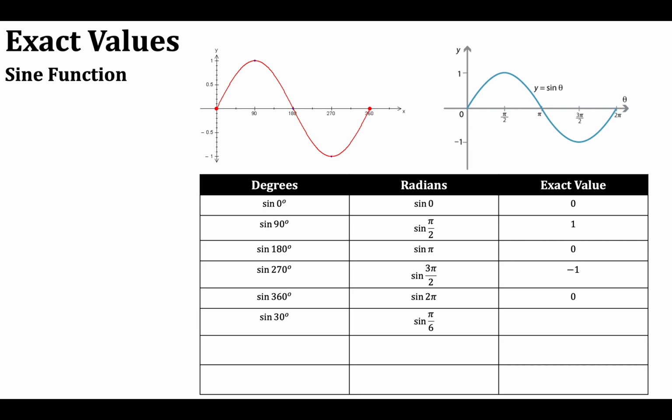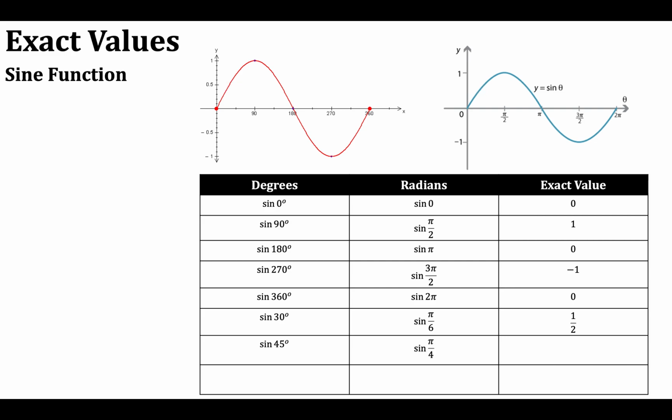So if we look at sine 30 degrees, or sine pi over 6 radians, and put those on the graph, what height is the graph when x is 30, or theta is pi over 6? You might be able to see that it is a half, or 0.5. So that's one of our exact values that we need to know as well.